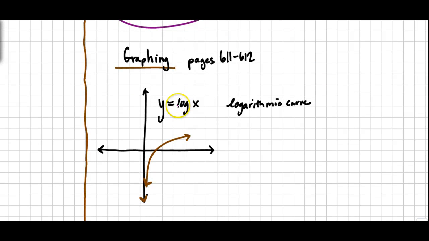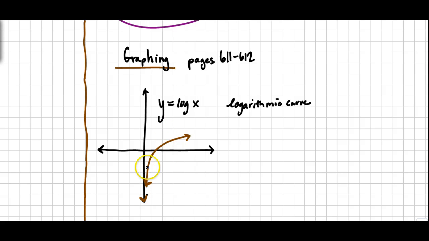The last thing we're going to look at or mention here is a little bit about graphing. When you graph a log problem, it's basically the reflection image of an exponential curve. The name is not very original here. The name of a log graph is simply a logarithmic curve. Notice that it resembles an exponential curve, but it points the other direction. It goes from low to high in quadrants 1 and 4.